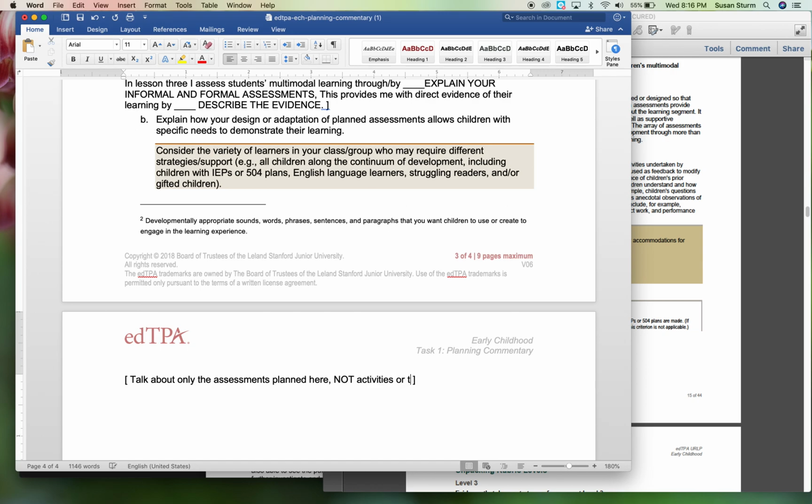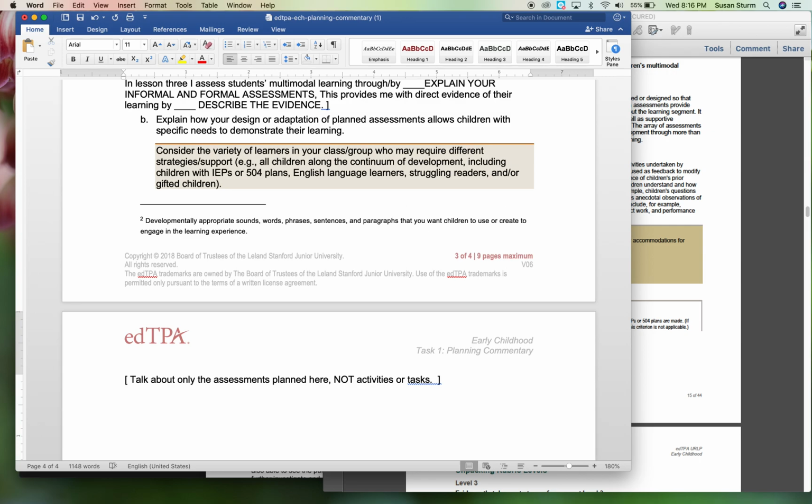People sometimes get confused on this one, and they start saying things like, I'm going to differentiate the way I pre-teach the vocabulary, and some kids will have pictures and others can listen to the word, and others are going to have their personal vocabulary charts that they can look at. Not here. That was in how your plan supports in your lessons, when this is about assessment.